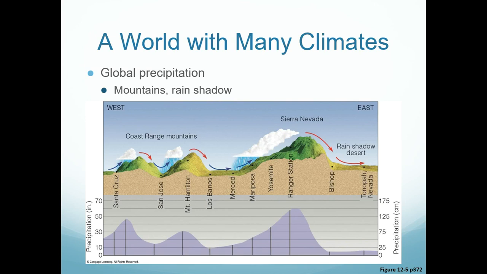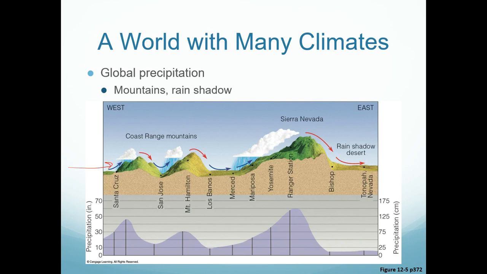Here's another way that things can change from one place to another, even if it's the same latitude. Here we're looking at the West Coast, at Santa Cruz and San Jose, California. You have water coming in from the ocean. It goes over the Coast Range Mountains.